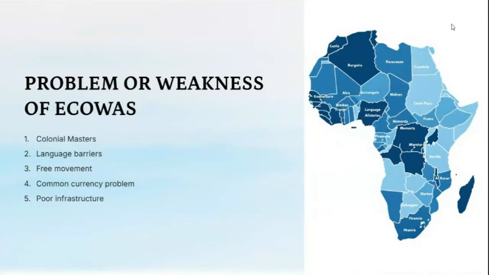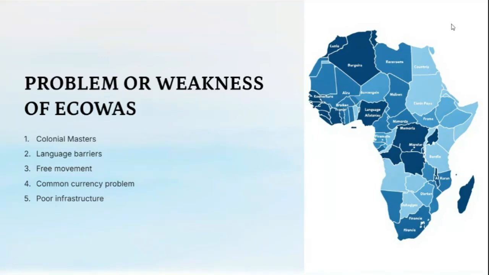Indirectly, they are still ruling Africans. We say we are free, but the colonial masters are indirectly ruling us, making us look as if we are slaves to them, because we still meet them for a lot of things. We borrow money, we do this, we do that. So most times the problem we face is these colonial masters.